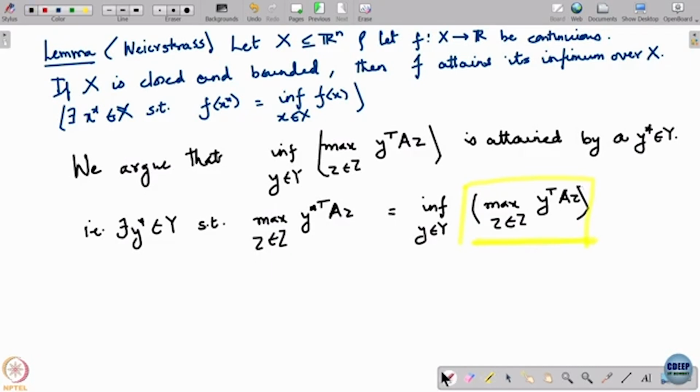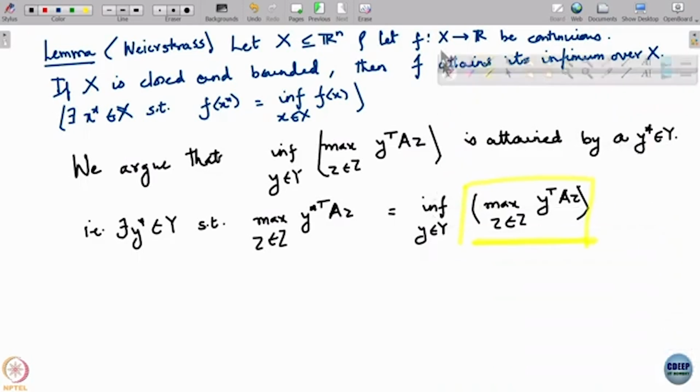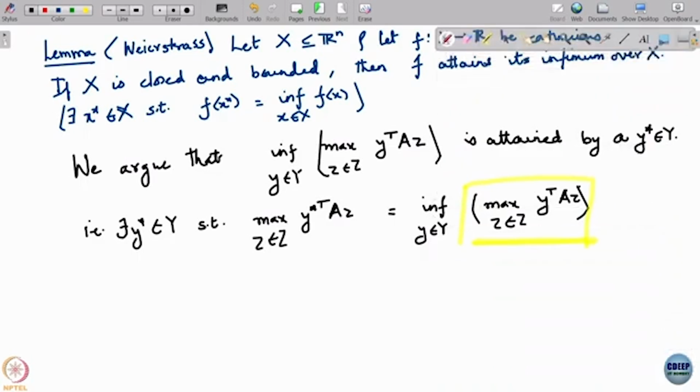If you remember, what did we say last time about this function? We wrote this out. If you look at the maximum over z of y transpose A z, what was this actually equal to?